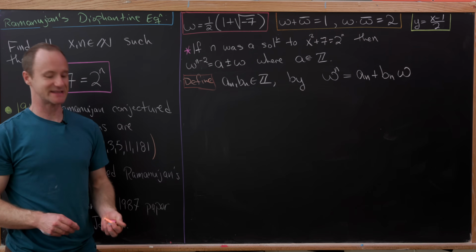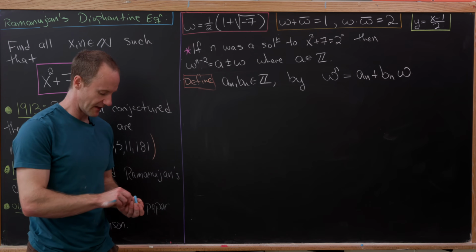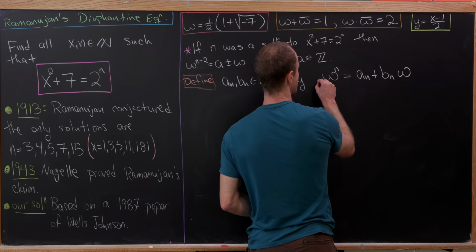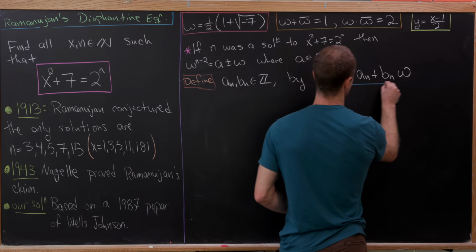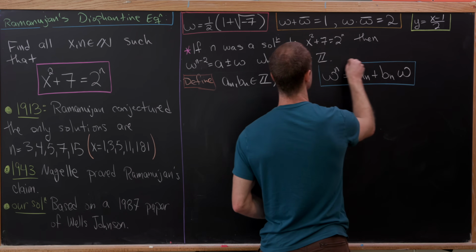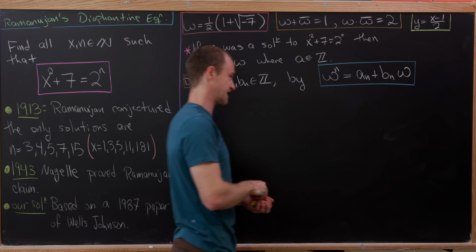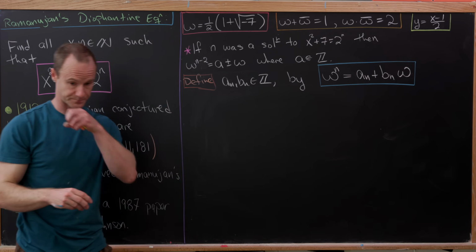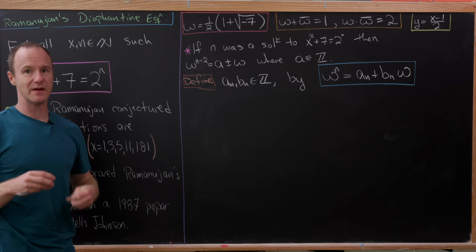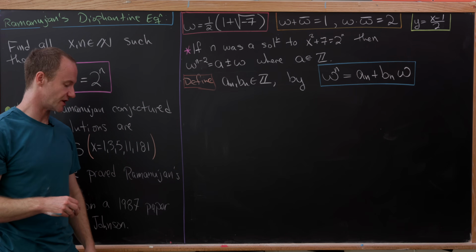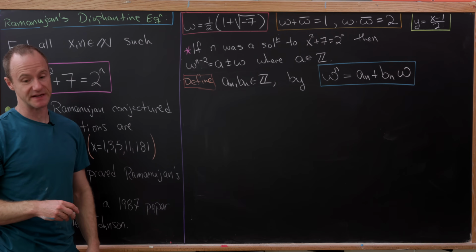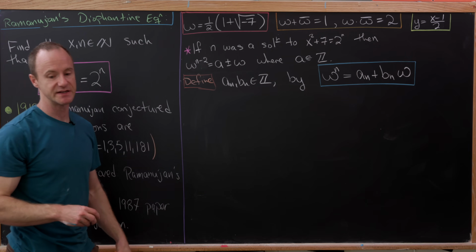And now we want to do this nice trick. And that trick is to take this definition of a sub n and b sub n, which is the expansion of omega to the n, and turn it into a recursion for a sub n and b sub n. And how are we going to do that?